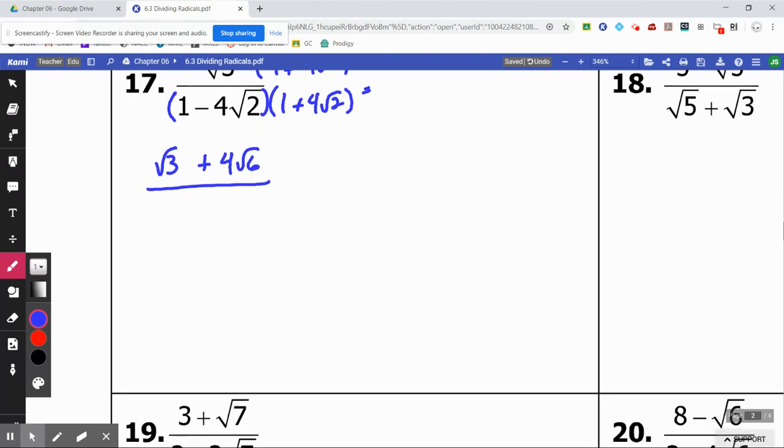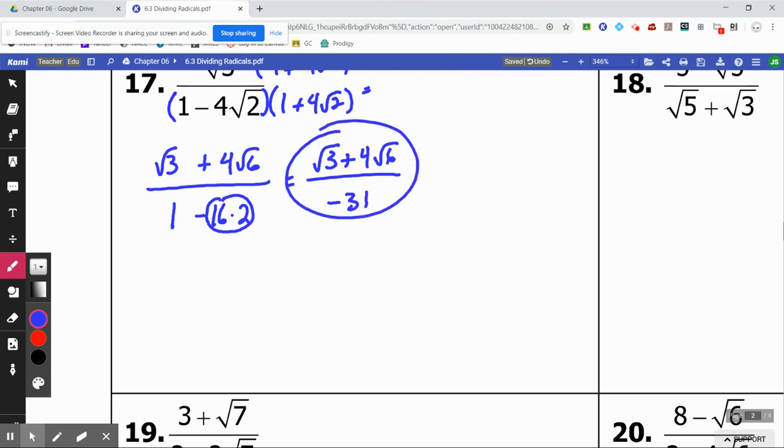On bottom, multiply 1 times 1. And you have to multiply a negative 4 root 2 and a positive 4 root 2. 4 times 4 is 16, and the root 2 times root 2 is 2. So that'd be 16 times 2, which is 32. So that's going to be root 3 plus 4 root 6 on top. 1 minus 32 is a negative 31 on bottom, and that's it.